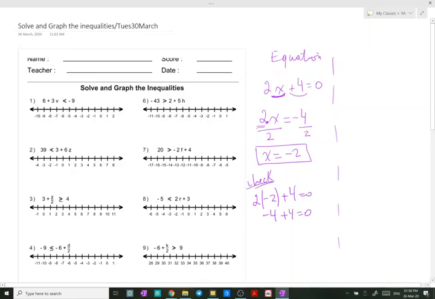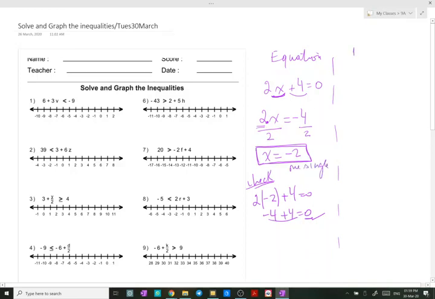This means that this solution, x equals minus 2, is the only solution that, when you replace x by its value, will satisfy the equation and give you both sides equal to each other. So it's only one single solution.